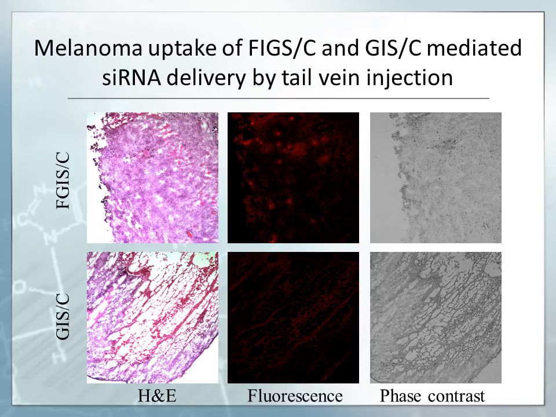This slide shows that we used FGISC and GISC. We injected these with the dye-labeled siRNA into tumor-bearing mice. We can see that there is more siRNA localized in the tumor for FGISC compared to GISC.